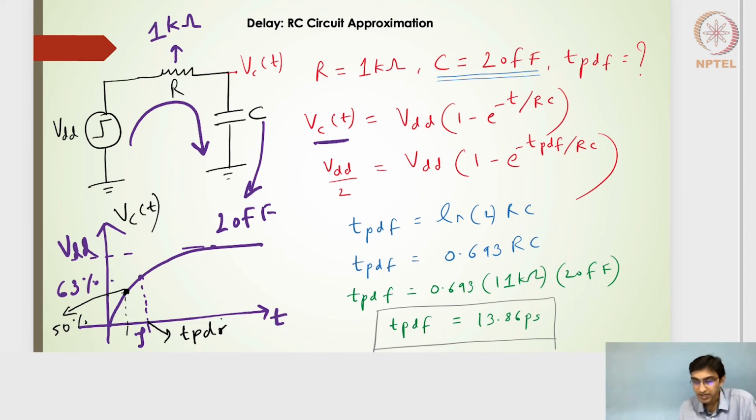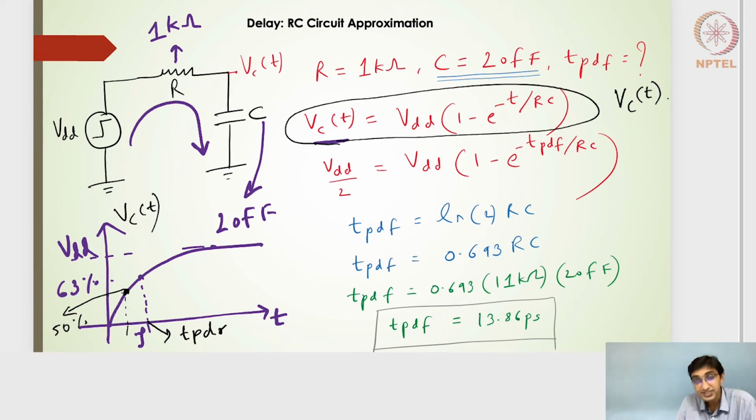Right. This is the capacitor charging equation, and the discharging profile will be very similar. Once the capacitor is completely charged to VDD, the discharging profile will be VDD times e raised to minus t by RC. From the discharging profile, we should be able to calculate the propagation delay falling.